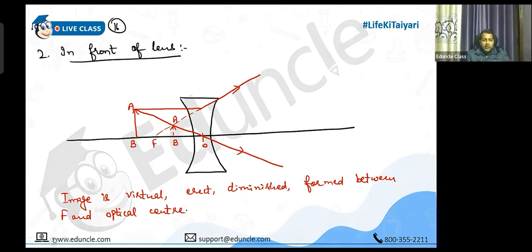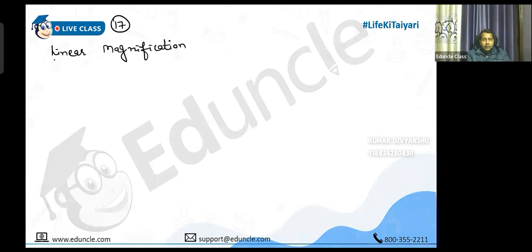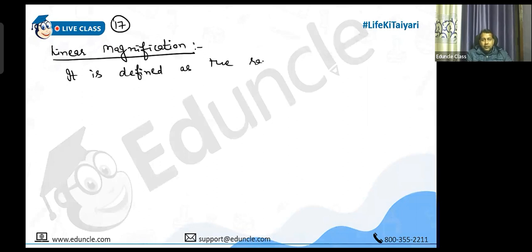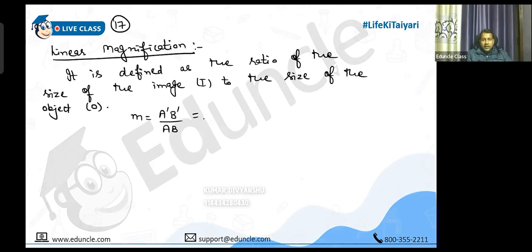Now let us discuss something about magnification. Again, linear magnification. It is defined as the ratio of the size of the image to the size of the object, denoted by M. The image all the time we have been taking as A dash B dash and the object as AB.